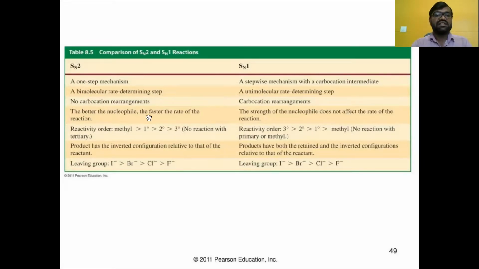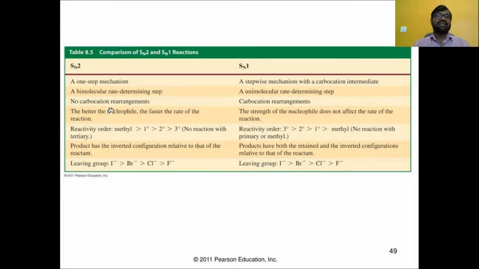The stronger the nucleophile, the faster is the rate of the reaction. But let me tell you that under Sn1 reaction, the rate of the reaction is not affected by this, whether it is a strong nucleophile or a weak nucleophile, because the rate of the reaction is independent of the concentration of the nucleophile.